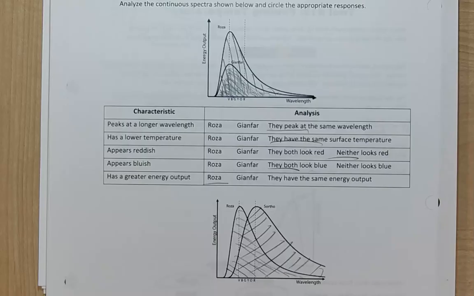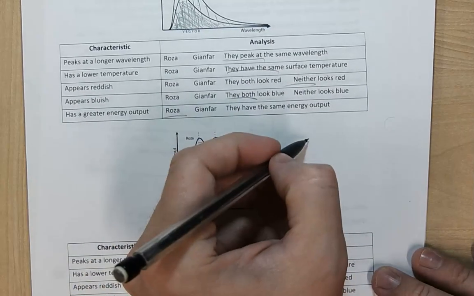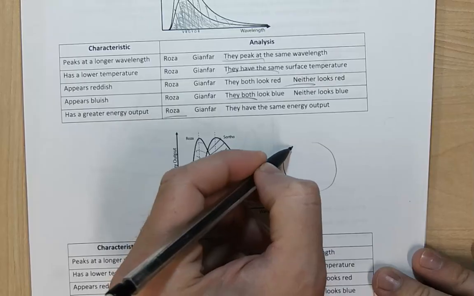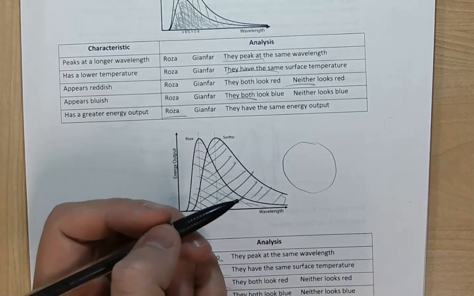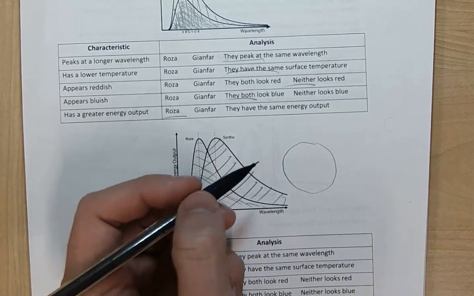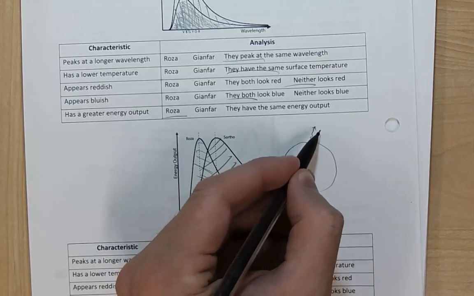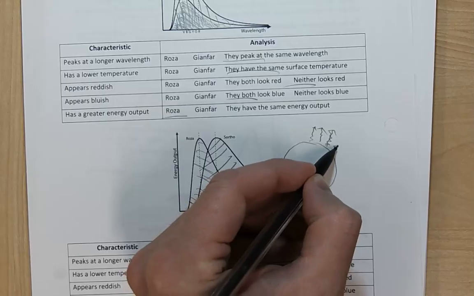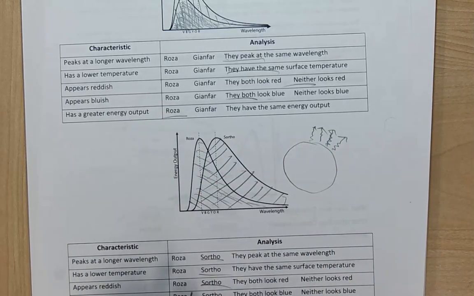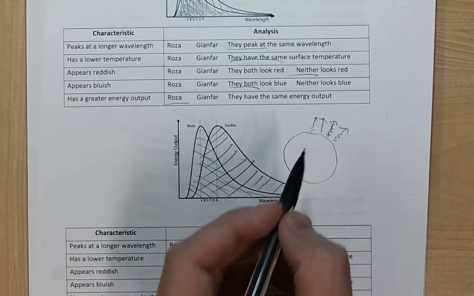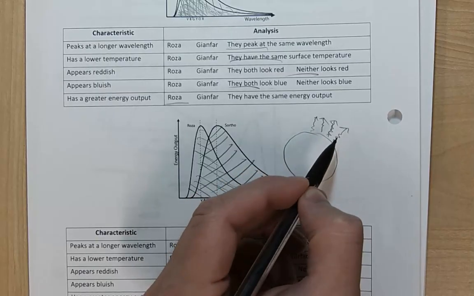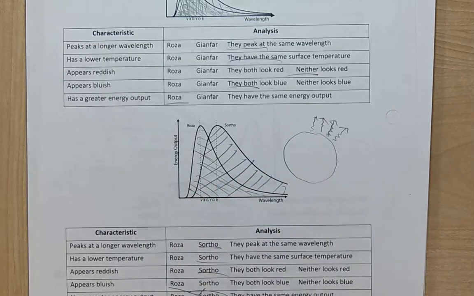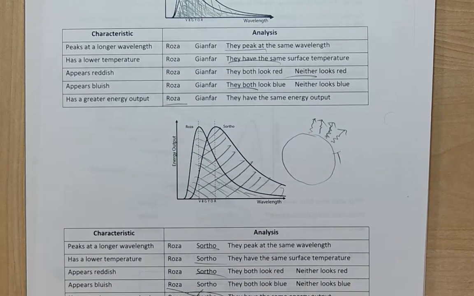Well, think about a star, right? A star is a sphere, and that light is coming off the surface. That light is being emitted off the surface of that star. So how much light the star can give off in a second, in other words, its luminosity, depends on what? Well, it depends on the temperature of the surface, right?